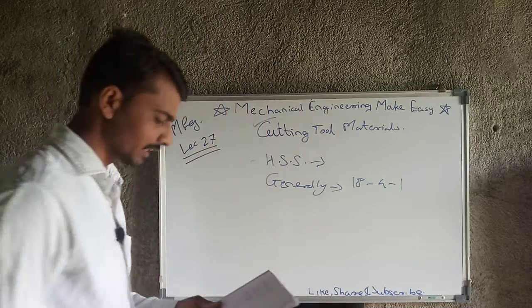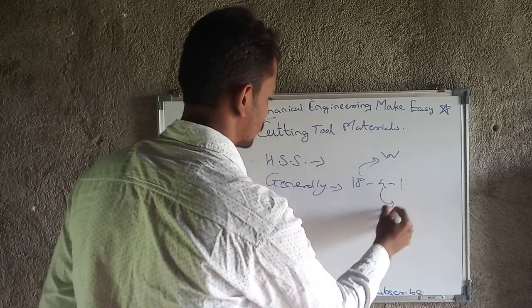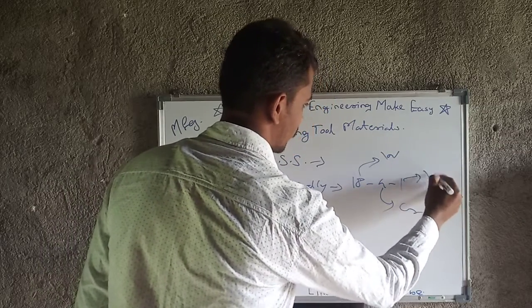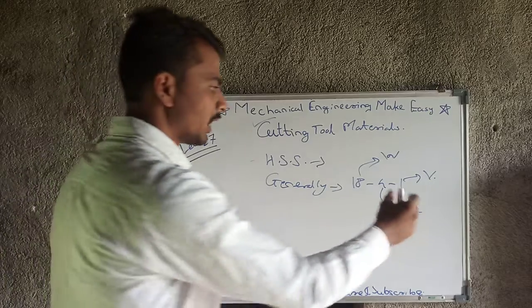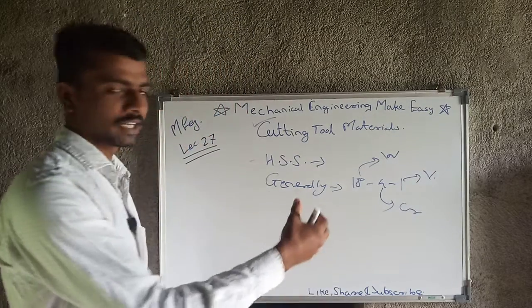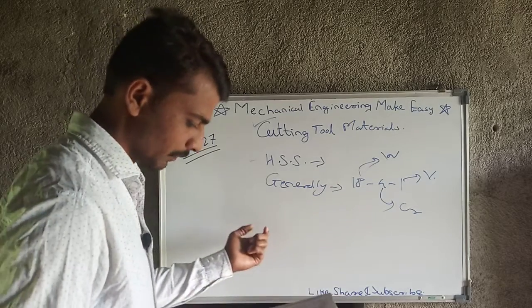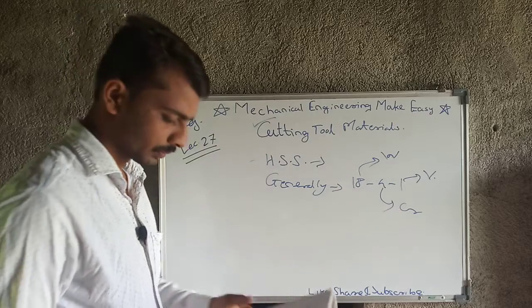In this case 18% is tungsten, 4% is chromium, and 1% is vanadium, and the remaining is iron or steel. This is 18-4-1 high speed steel.